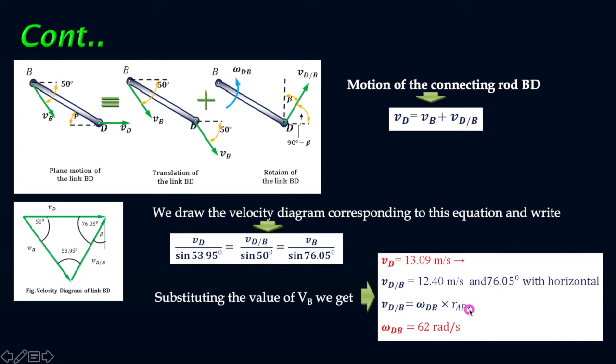So substituting the values of RBD and the calculated VDB, we get the angular velocity of the DB link, that is 62 radian per second. So this is the answer.